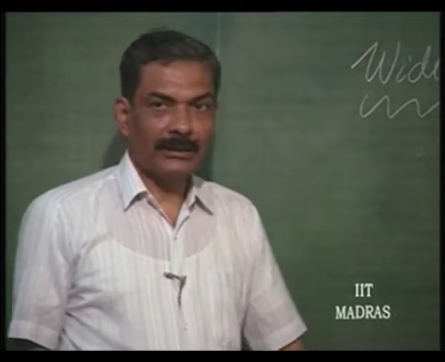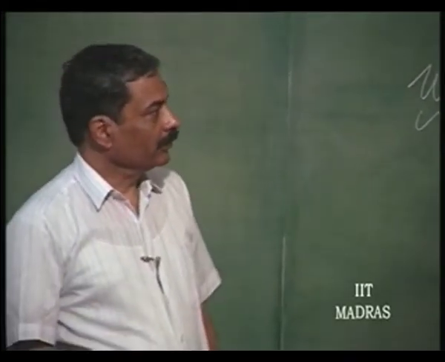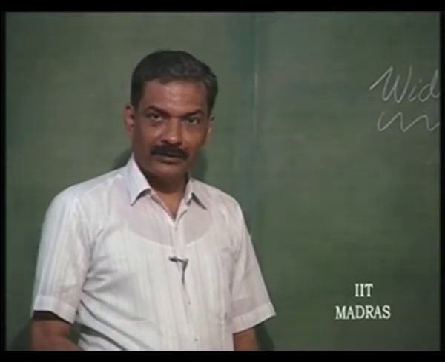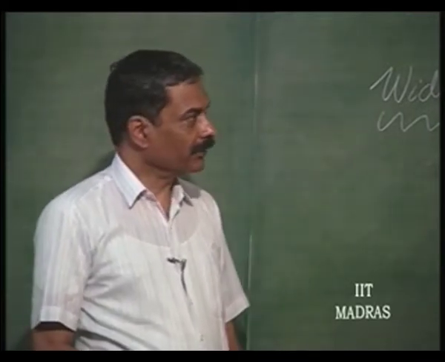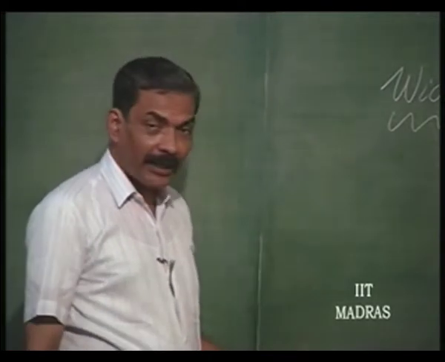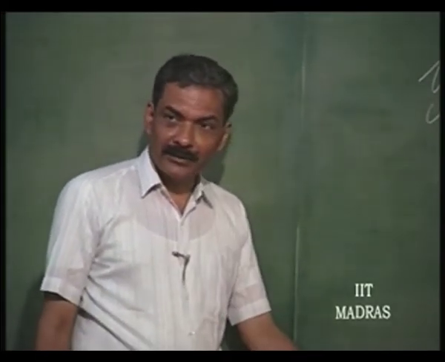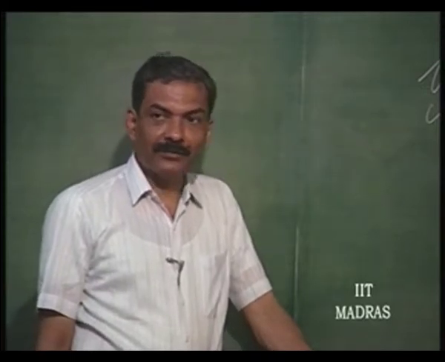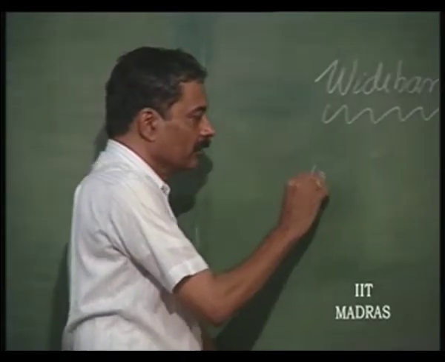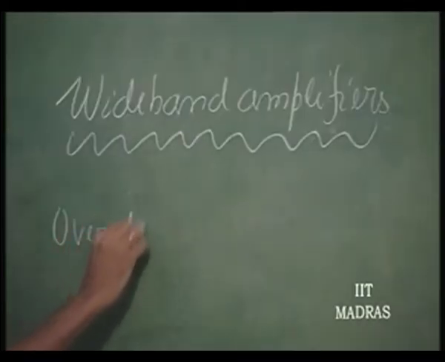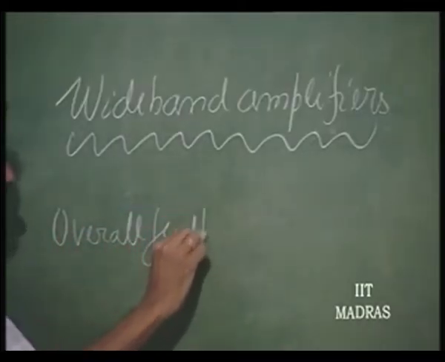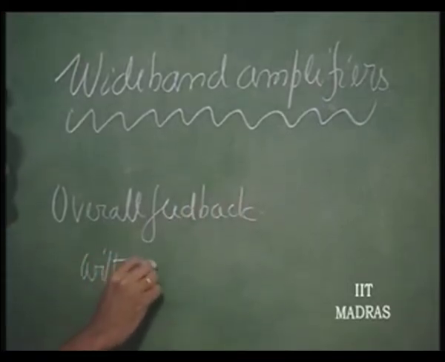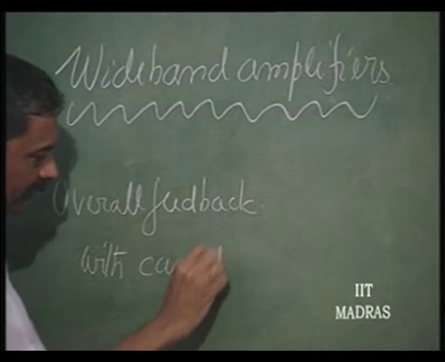Let us now discuss something about negative feedback and wideband amplifiers and non-negative feedback structures for wideband amplifiers. If I am trying to make the gain insensitive to active parameters, the best way is to give overall feedback with cascaded stages.